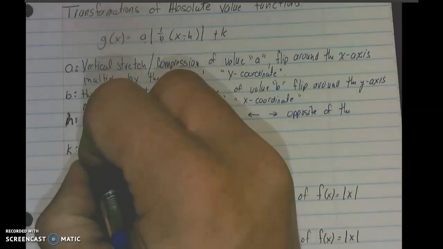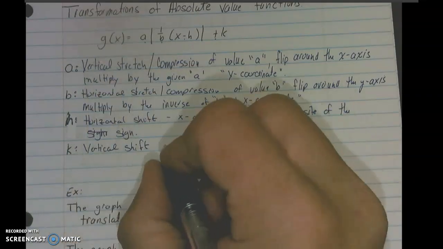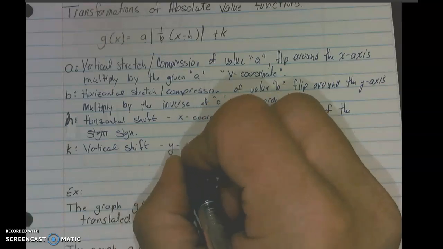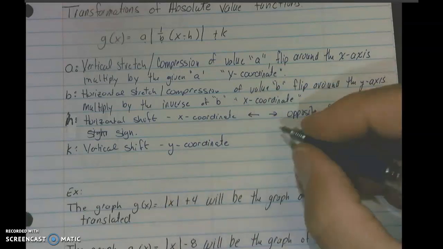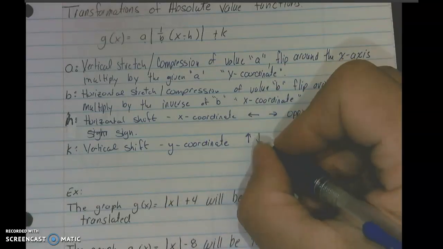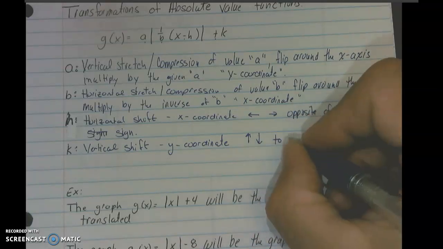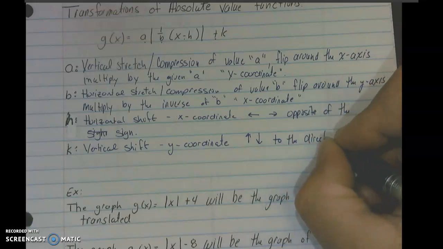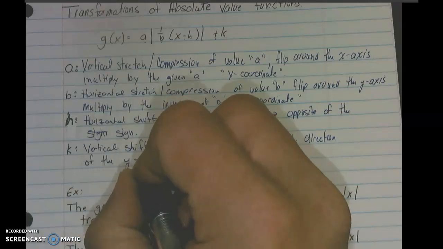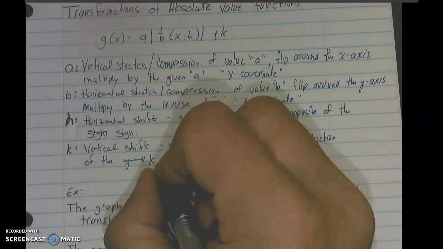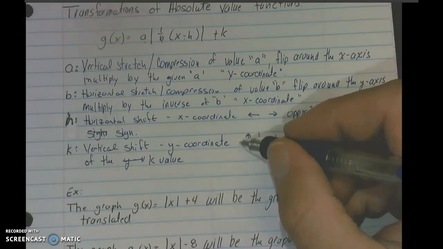K is a vertical shift, and this shifts the y coordinate. And it's going to go up or down to the direction of the y, or excuse me, of the k value. So if it's negative, you're going down. If it's positive, you go up.